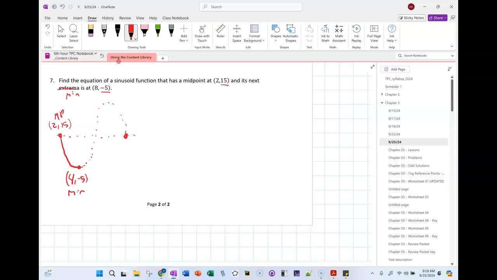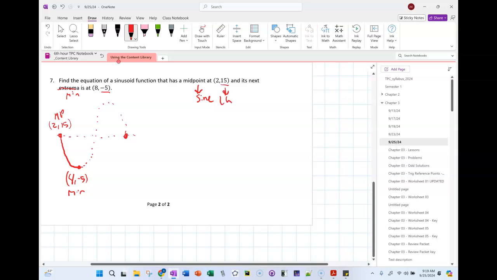Does that feel okay? Now, personally, I'm going to take the sine option because of the midpoint. The reason I would pick sine over cosine is I know that midpoint is the h comma k. So immediately, I have what I need.